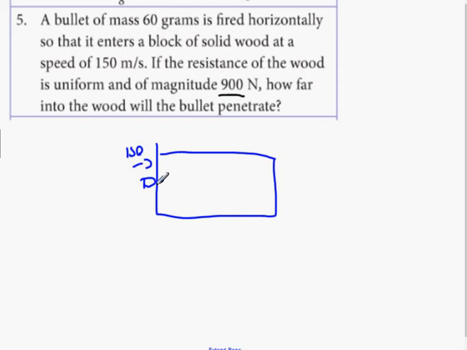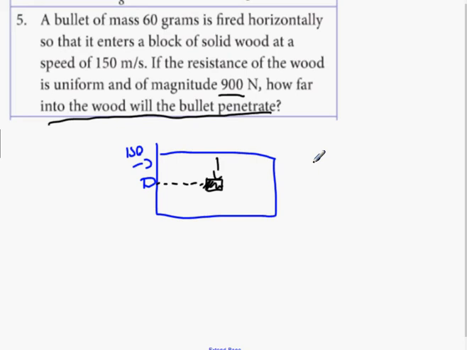So the bullet's going to eke its way in, and then eventually it's going to become lodged, or in some cases it can go straight through. How far into the wood would the bullet penetrate? We're assuming it's a long piece of wood so the bullet isn't coming out.